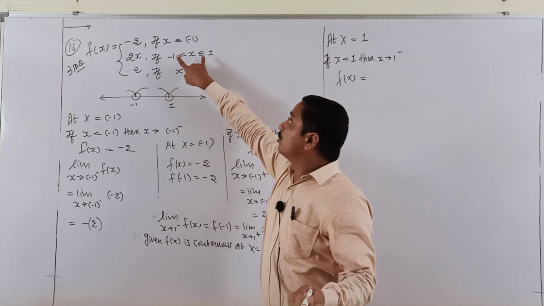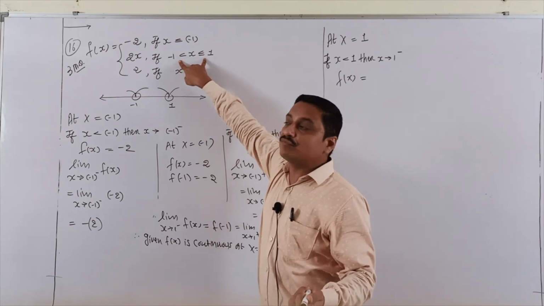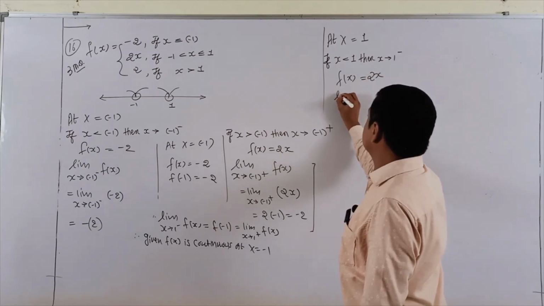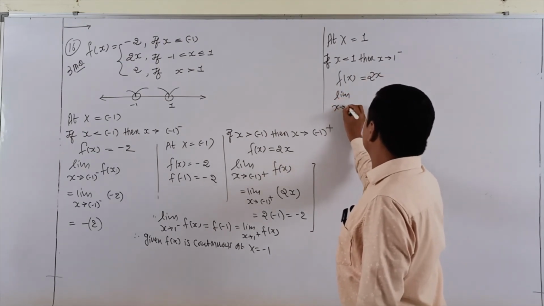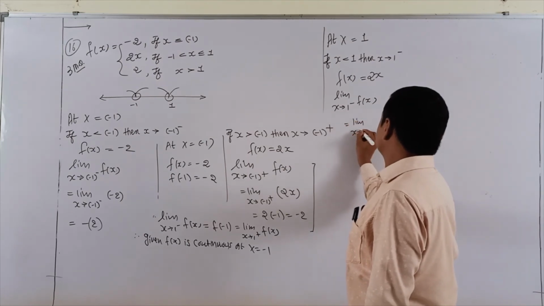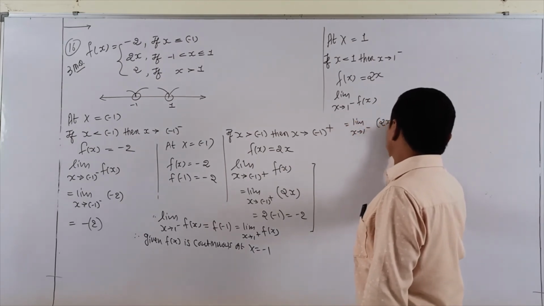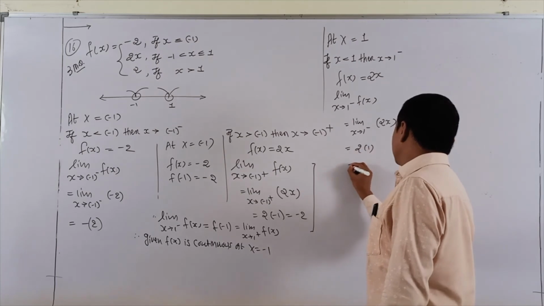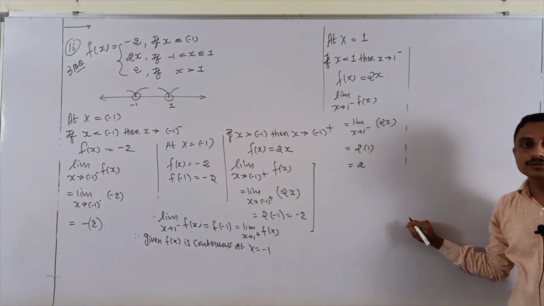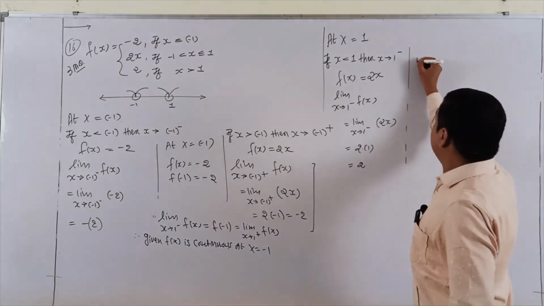The third case indicates more than 1. I want this one because for less than 1 the function is 2x. So the limit as x tends to 1 negative of the function, applying, is 2x. So 2 into 1, my answer is only 2.